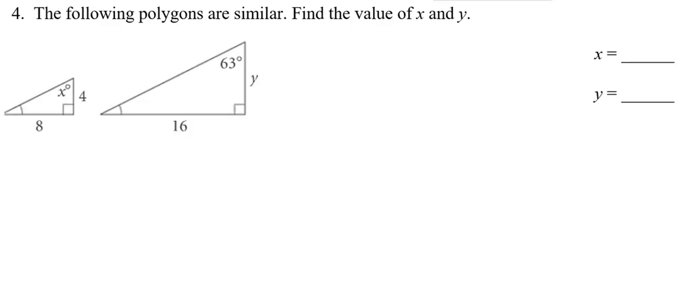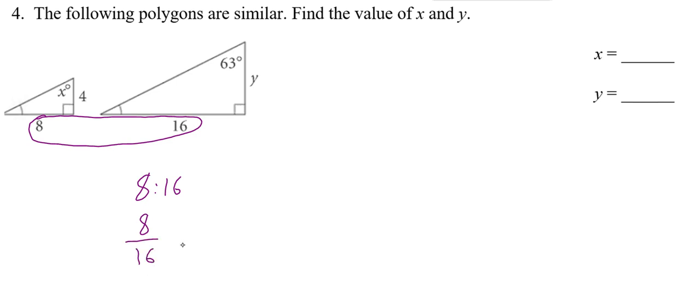Okay. In the following polygons we want to find x and y, knowing that they are similar. So for that similarity ratio, if we go small to big, I'm going to use these two corresponding sides. Small to big is 8 to 16, or I can say that it's 8 over 16.